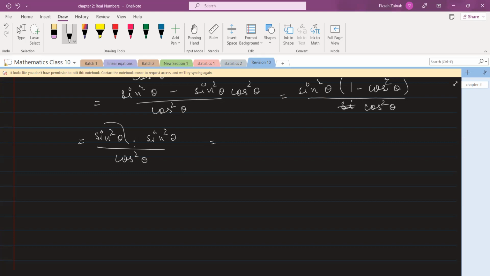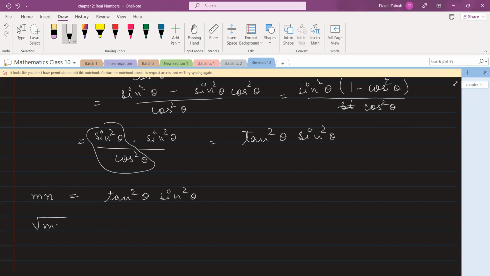So I can again write tan square theta into sine square theta. So basically my m into n is coming out as tan square theta into sine square theta. Now you can take under root. So you can now simply write tan theta sine theta.